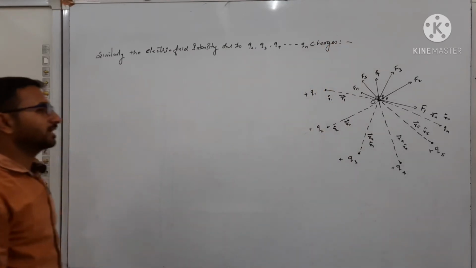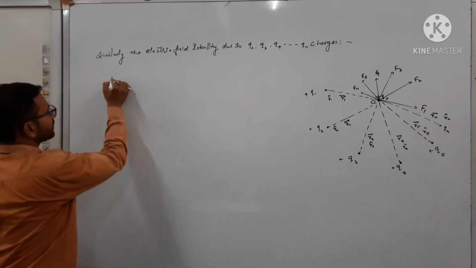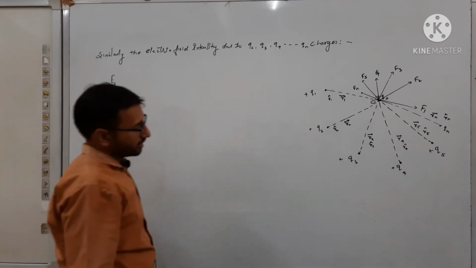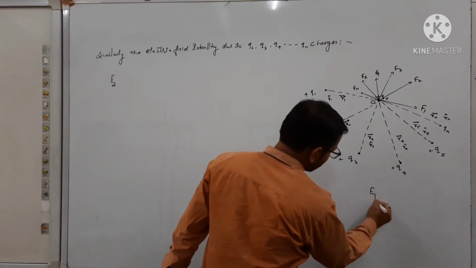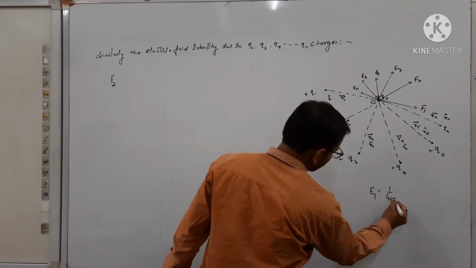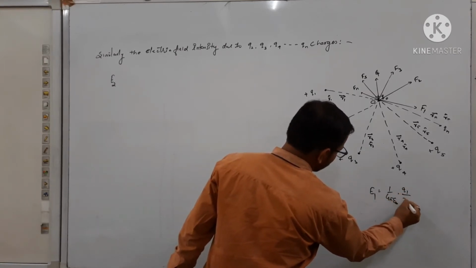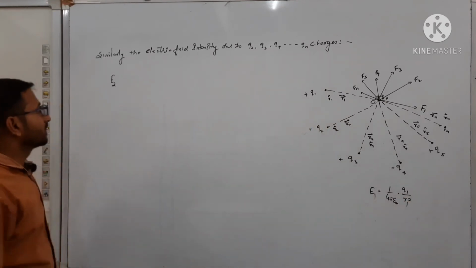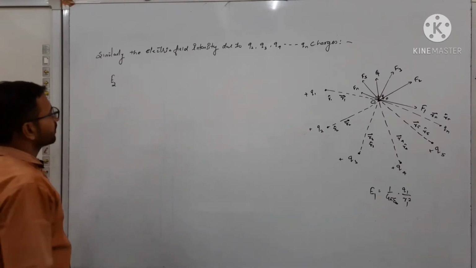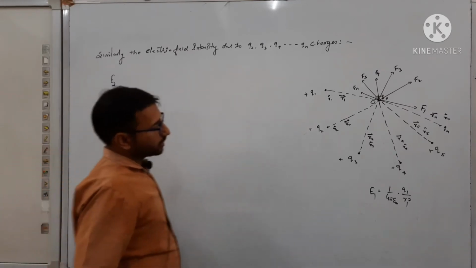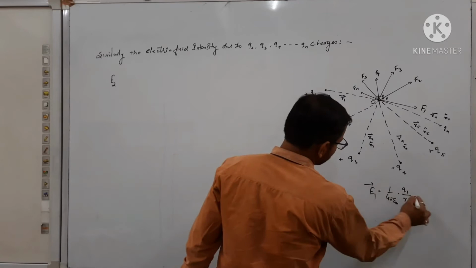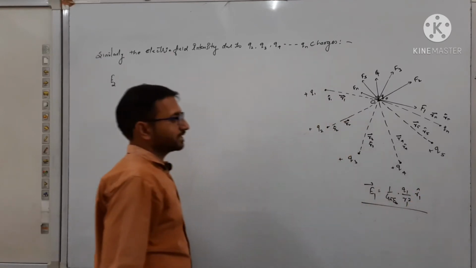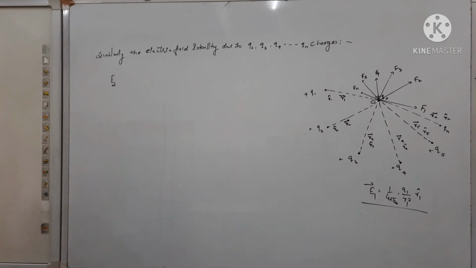What will it be? Let's see here. See, electric field intensity, as we have in the previous page of our derivation, E1 is equal to 1 over 4 pi epsilon naught Q1 by R1 square, in scalar form, means magnitude form. After that we will write vector form also. So here if you want to see the vector form, you will use here R1 cap unit vector to represent this electric field in vector form.